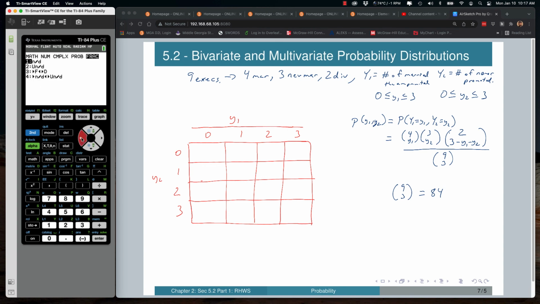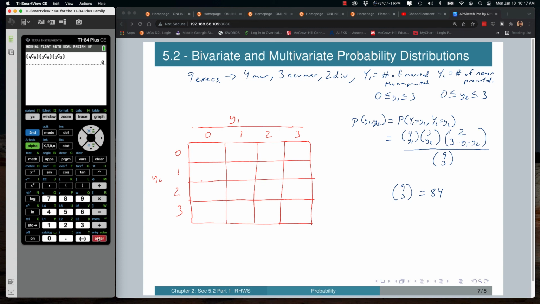Math, 3, choose. Now, if we plug 0 and 0 into the formula over here, we just end up with 2 choose 3. But what do you think the calculator is going to do if I plug 2 choose 3 in there? Let me get this set up right. All right, cool. If we do that, it gives me 0.